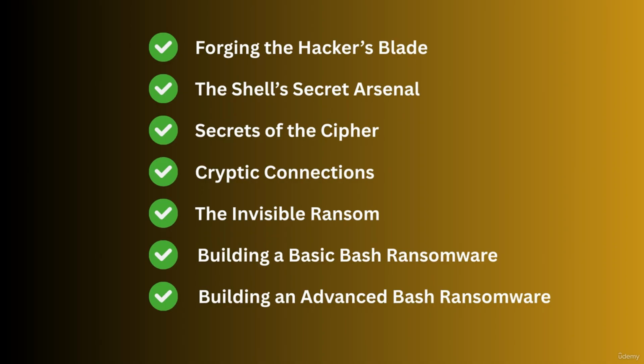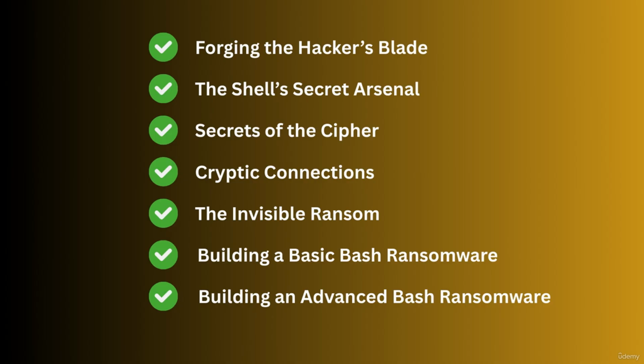Throughout this course, we covered forging the hacker's blade, where we talked about lab environment setup; the shell's secret arsenal, where we talked about Linux commands; the secret of the cipher, where we learned about cryptography; and cryptic connections, where we learned about remote access and file transfer.